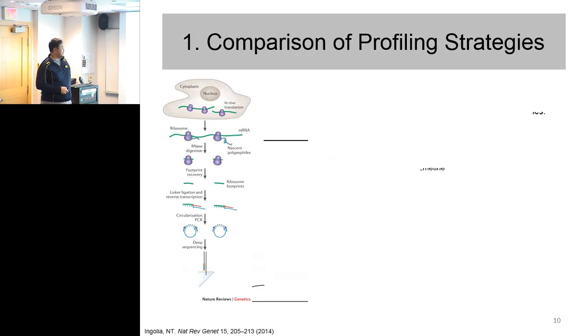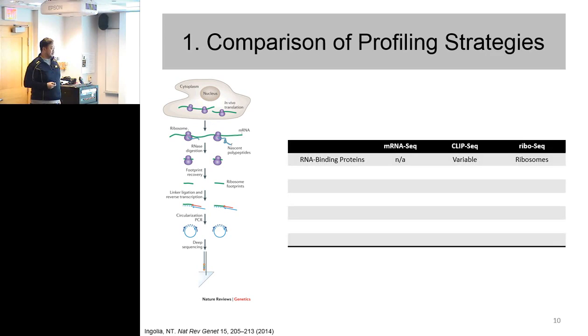So there are a couple techniques out there that look at sequencing from the standpoint of proteins that are bound to them. So I just wanted to briefly review those within the context of mRNA-seq. One of those techniques is called CLIP-seq.